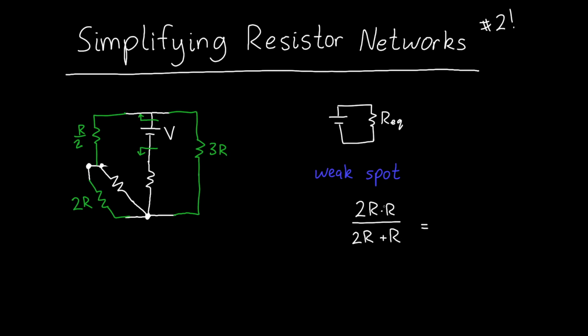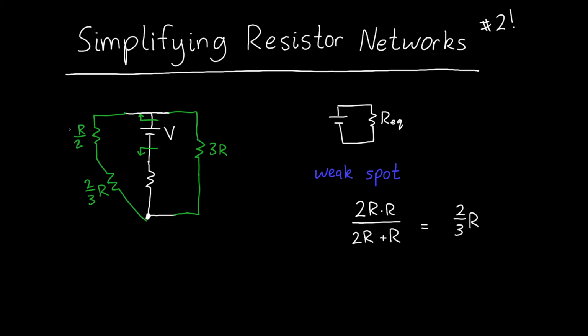And so this is 2R squared over 3R, or 2/3 R. I'll replace these 2 by a single resistor of value 2/3 R. Now you're starting to see we're making some serious progress.